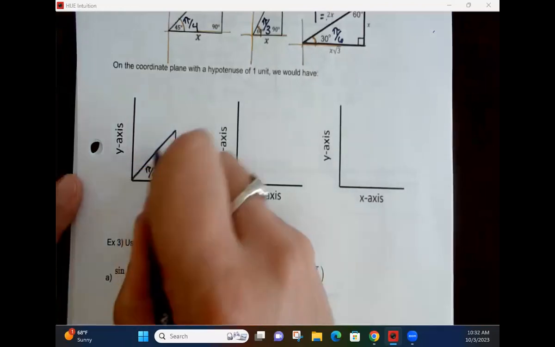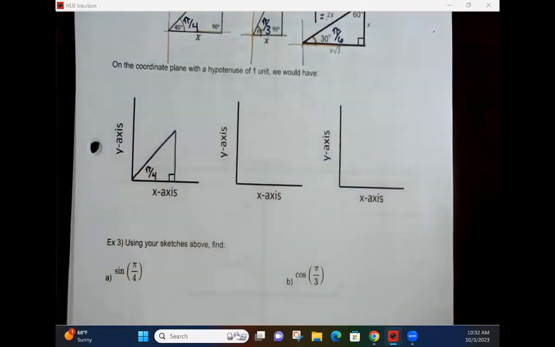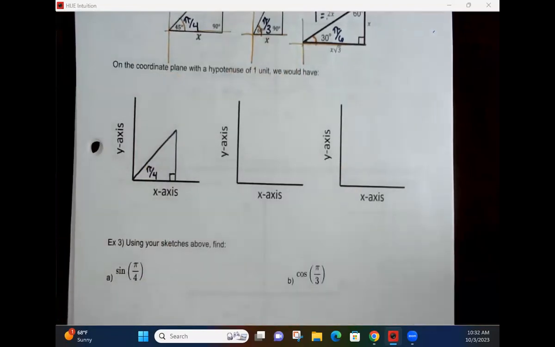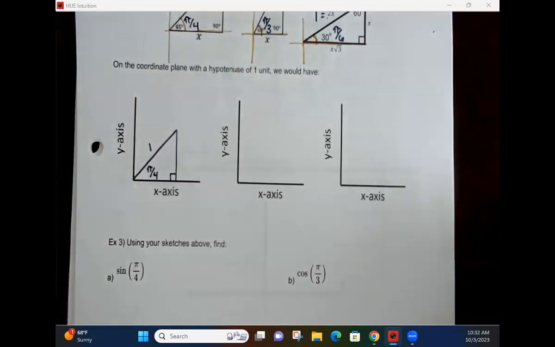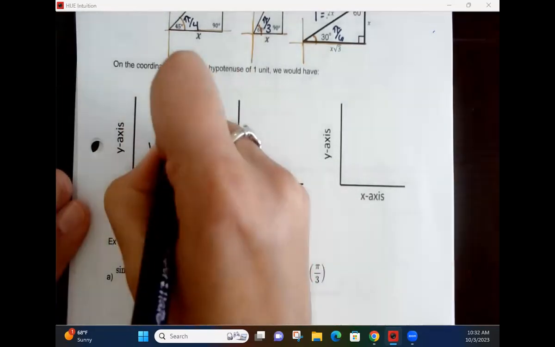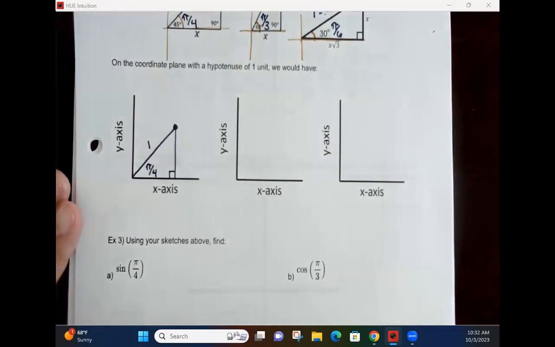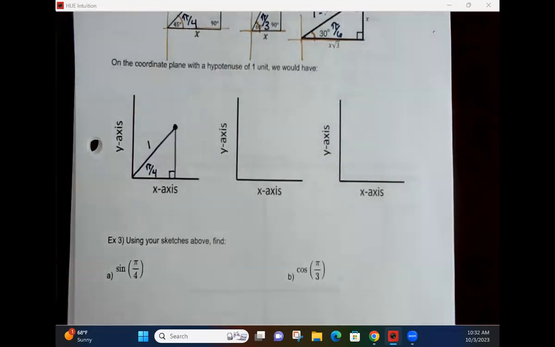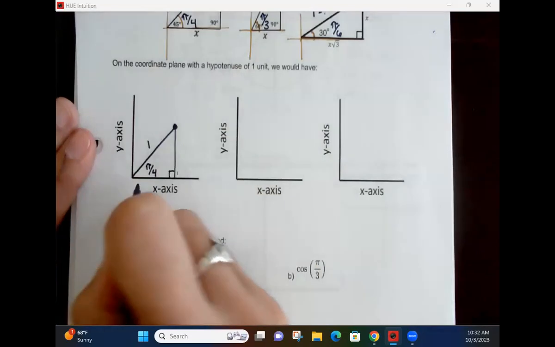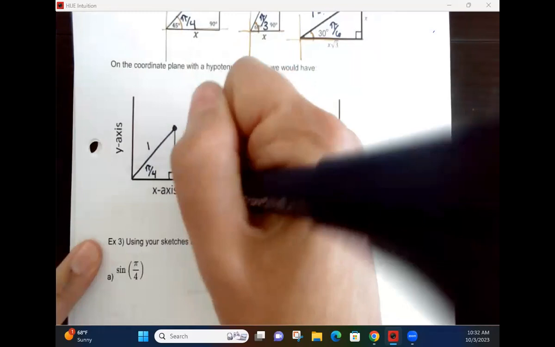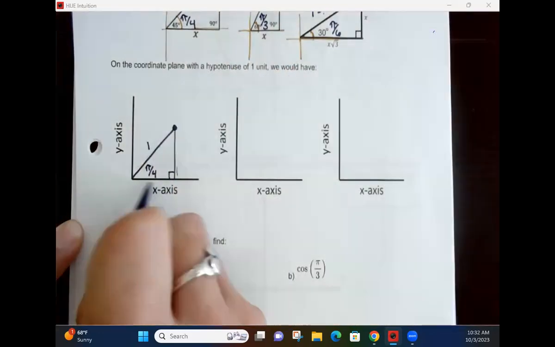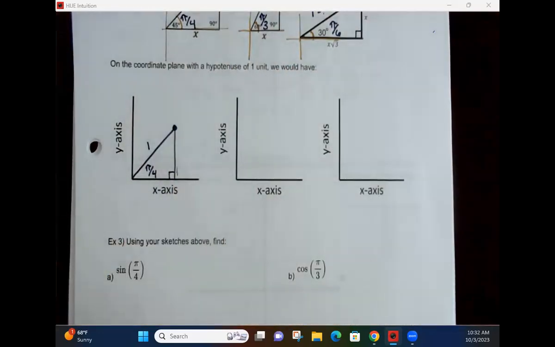We just worried about drawing where that terminal side was going to be, but drop the side down so you've got a triangle. We know the hypotenuse is 1 because we're on the unit circle, because the hypotenuse is your radius. I want to know what's that point. To be able to talk about sine and cosine, we're looking at what's this side and what's this side. Well, this side is going to be the y coordinate, the y value. This side is going to be the x value, the x coordinate for that point.